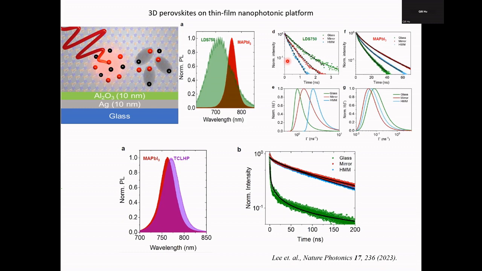We put the perovskite on the nanophotonic thin film coating platform we developed. If you understand how the interaction works, usually with the perovskite, the electron-hole pair generation will make the decay faster.